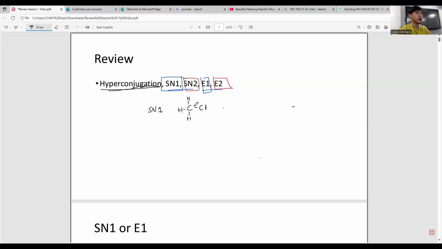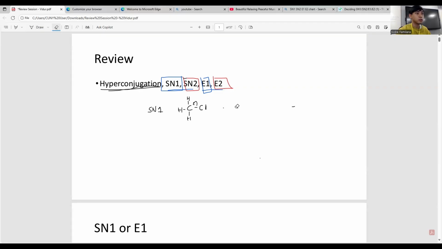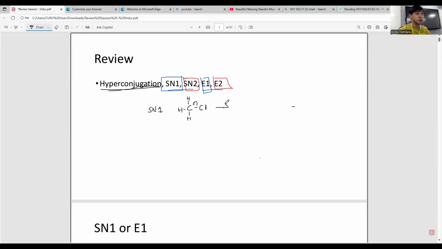For an SN1 reaction, what's going to happen first is the chloride will leave on its own. It will leave independently. And so we're going to have this carbocation plus a chlorine group.